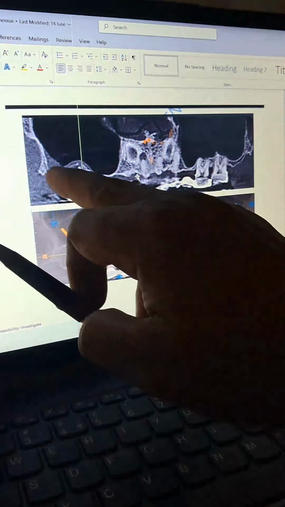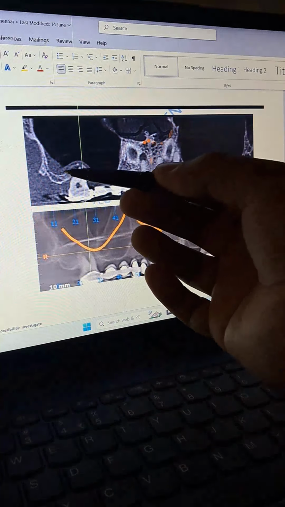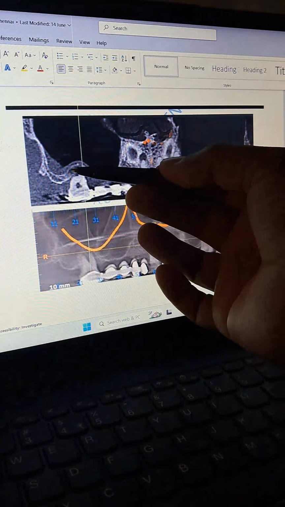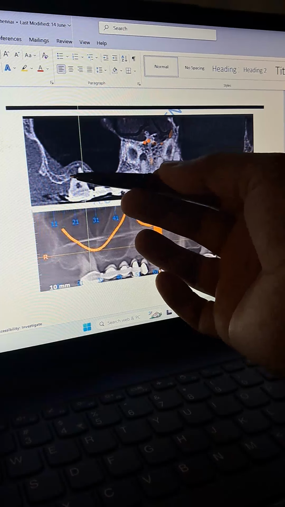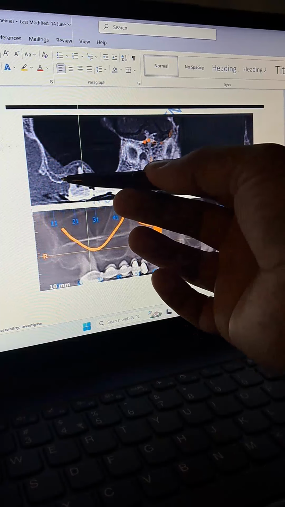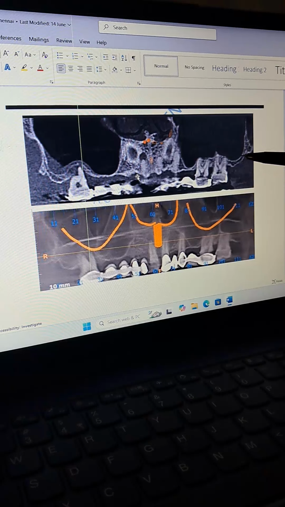Similarly, here if you see, the curvature of the tuberosity is more acute, meaning it's just rising. So finding a pterygoid mineralized zone is easier in this case. But here the curvature of the tuberosity is more gentle.